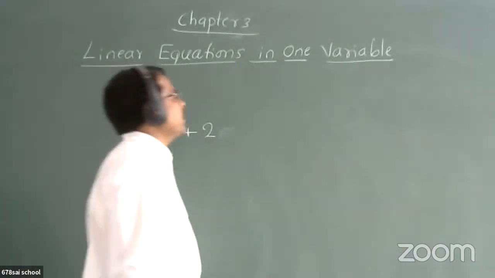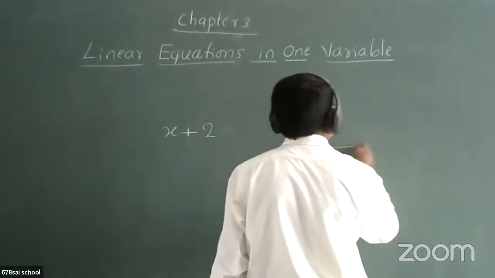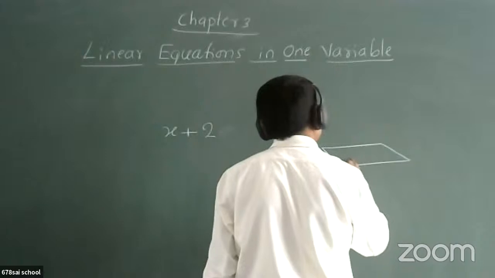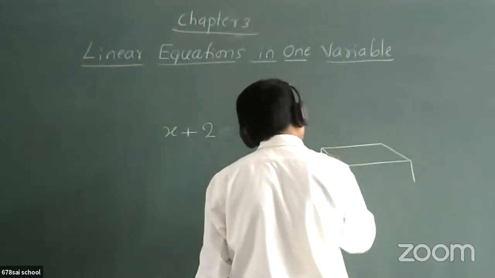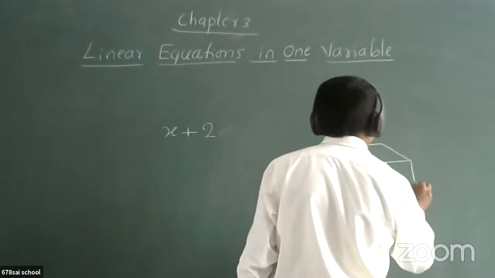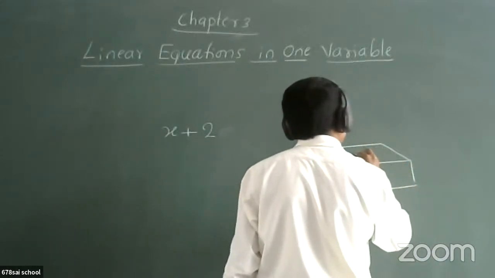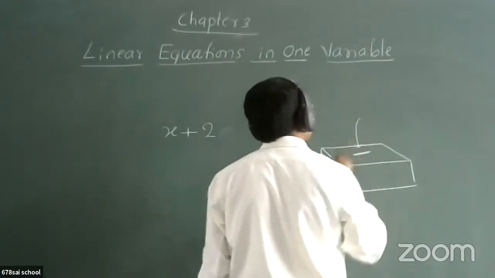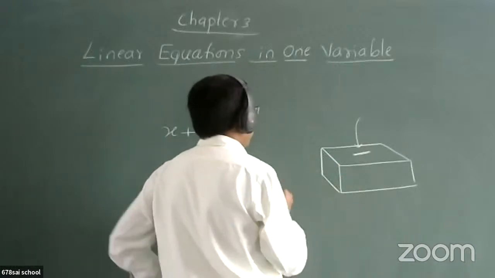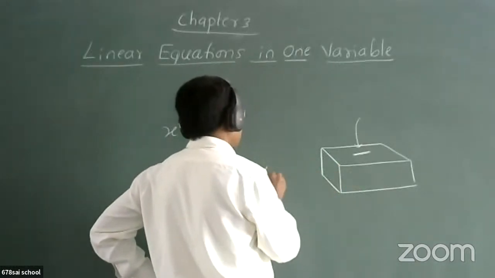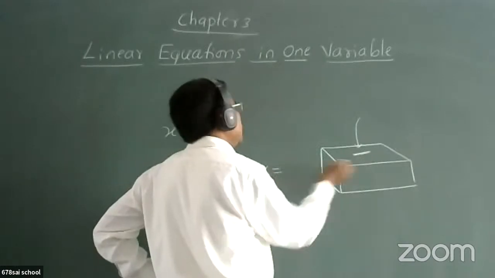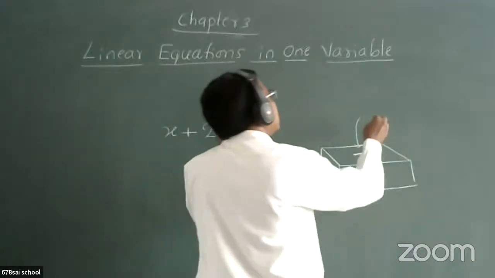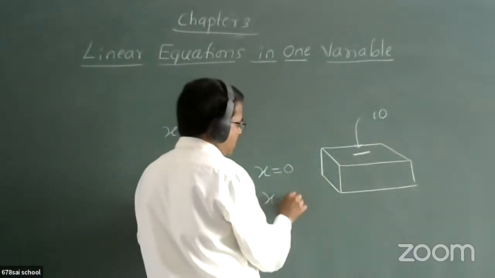I'll give the meaning of variable. In your home you might have a coin box, in which you put money. Say a new coin box, I'll call this x. What is its value now? Inside nothing is there, so 0. If you put 10 rupees, the value becomes 10.